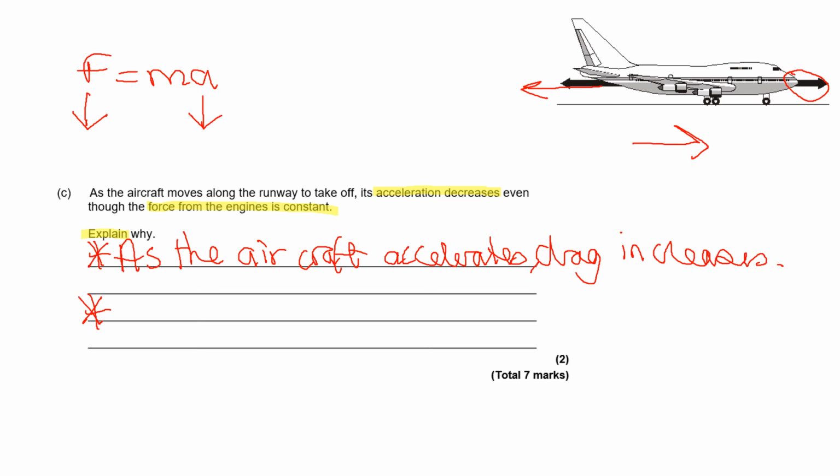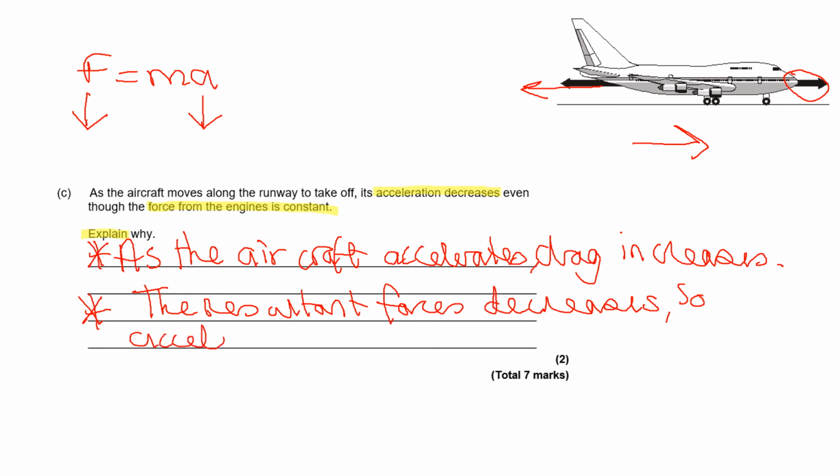So as the aircraft accelerates, drag increases, the resultant force decreases, so acceleration decreases. That looks like quite a lot to write for 2 marks, but this would be a higher level question.